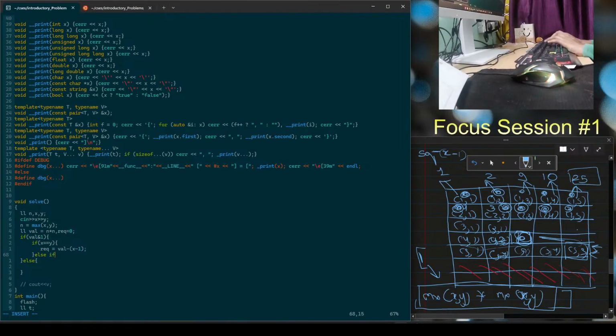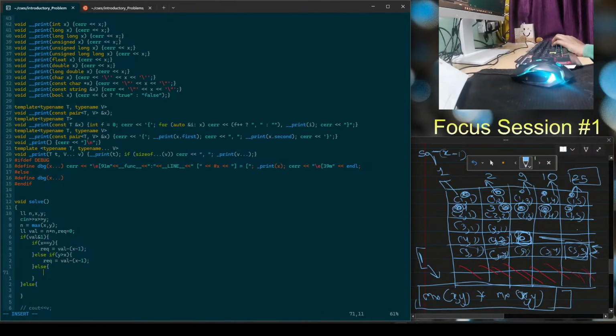Else, if y is greater than x, then required will become whatever value I have, subtracting x minus 1.